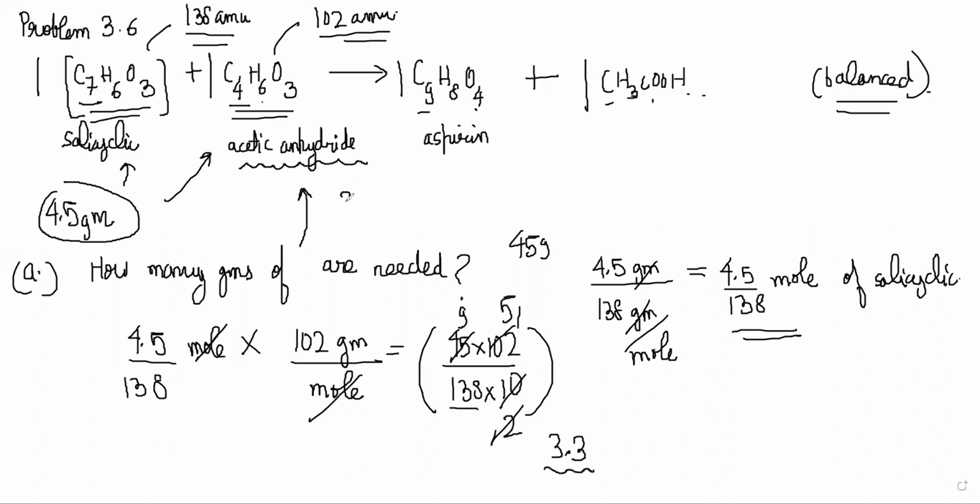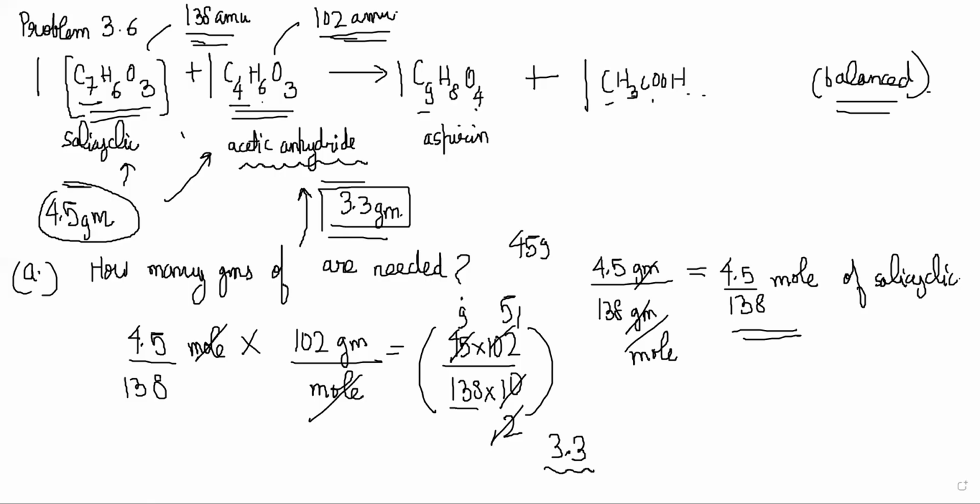So approximately 3.3 grams will be required. Which sort of makes sense, because this is heavier and this is lighter, so more grams of this is needed with a 1:1 ratio, right? Yes, sir. Correct.